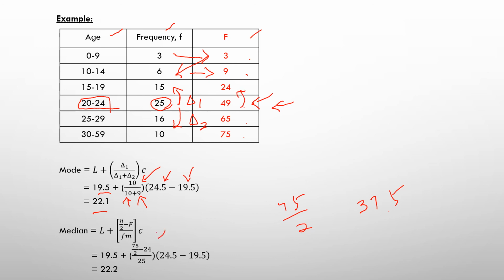So we fill in 24 here. And Fm is the frequency of the median class, which is 25. Then times C, and you get the answer 22.2.